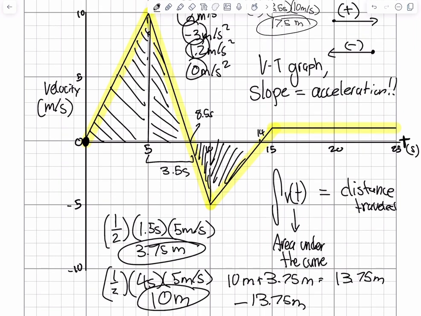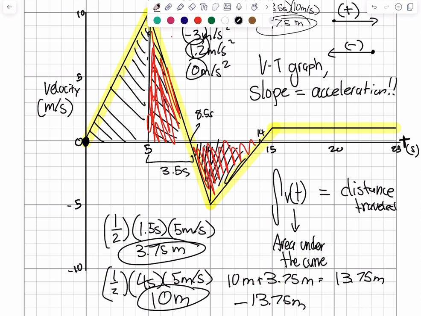Remember that distance traveled is just how far this object is moving along its path. Our displacement is going to be distance from its starting point, right? So how can we use this to get displacement across this entire section, right?